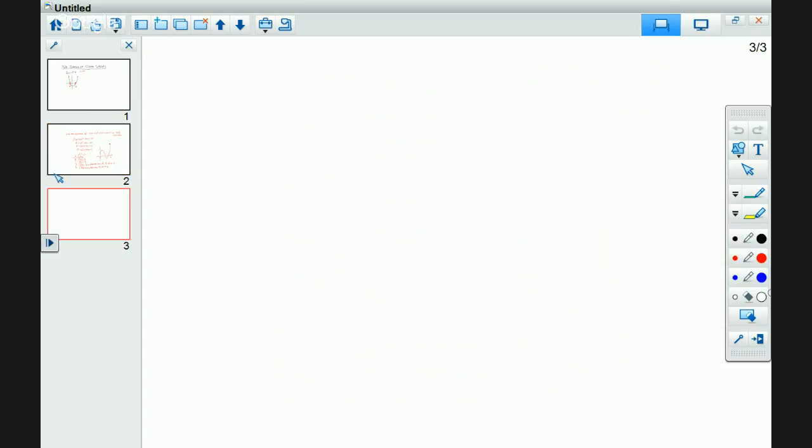All right, let's do something a little bit more difficult. Let's do a natural log. Okay, how about x squared minus 8 ln x on 1, 4. Same procedure.